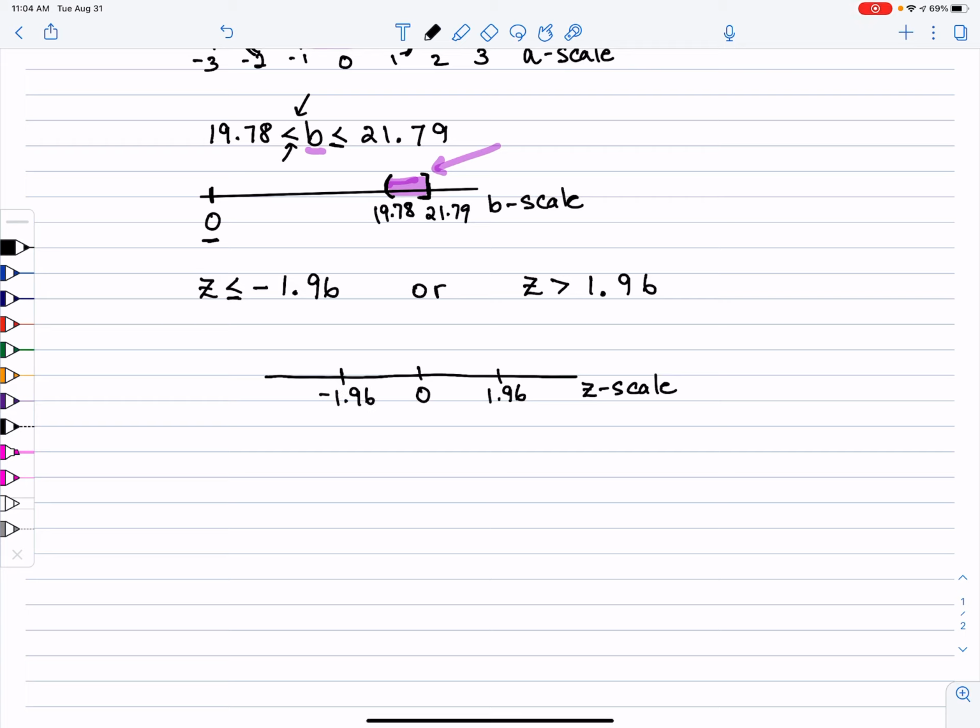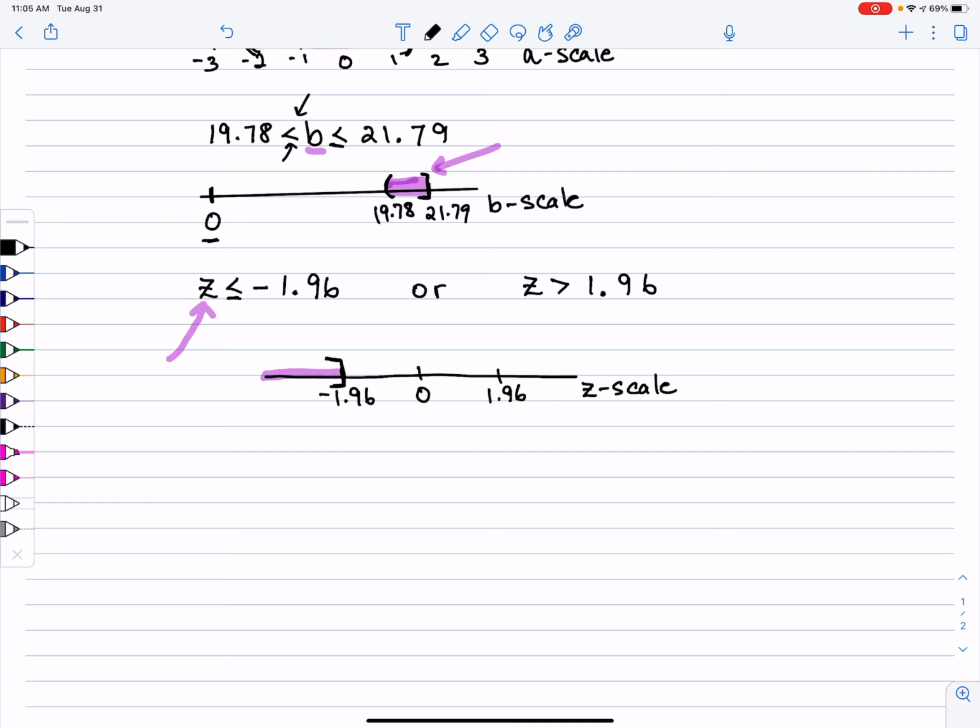And this is saying look for all of the numbers, Z, that are less than or equal to negative 1.96. Well, less than or equal to numbers are always numbers to the left. Because we have the inequality symbol less than or equal to, we know we will include a bracket.